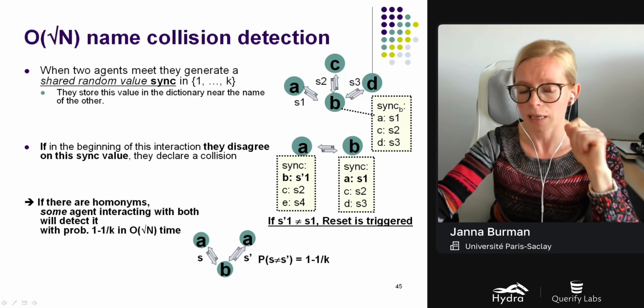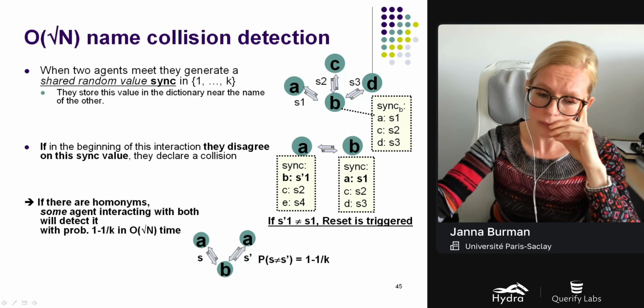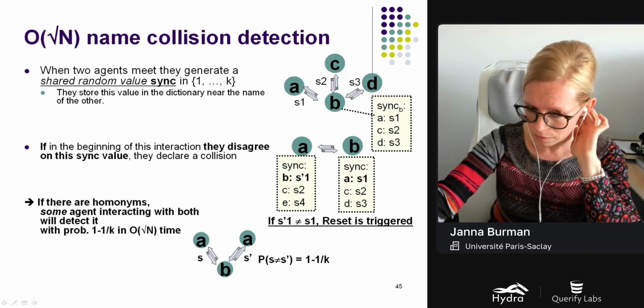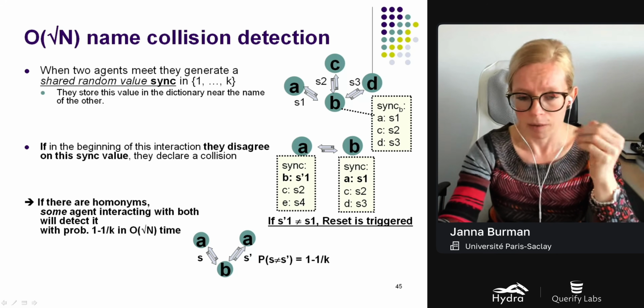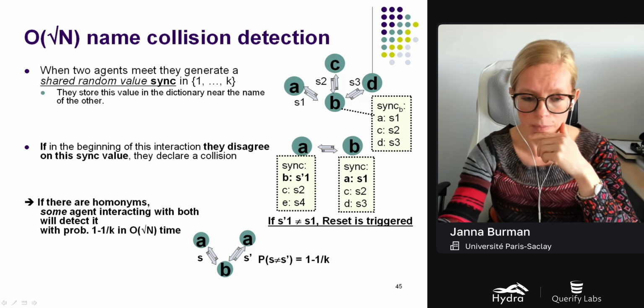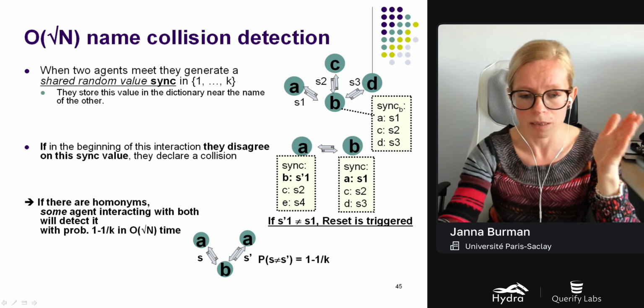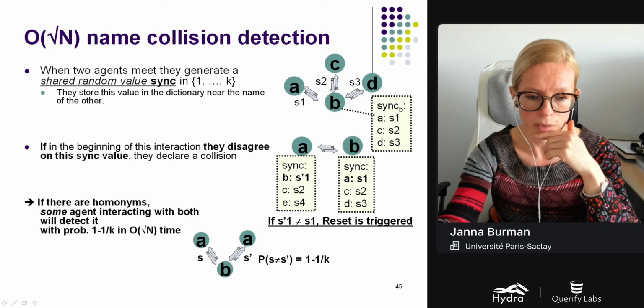And the agent will detect in such a way that there are agents with the same name in the population. But once again, this takes not logarithmic time, it takes square root of n time.